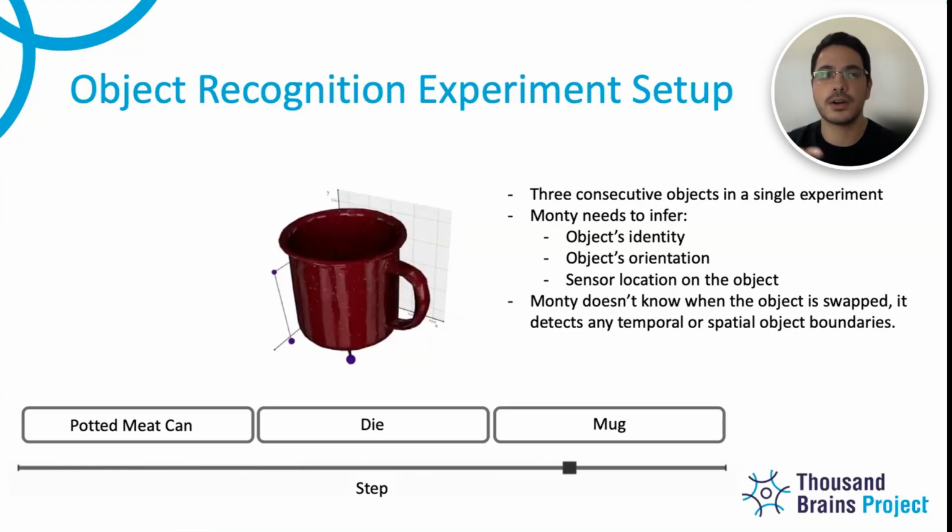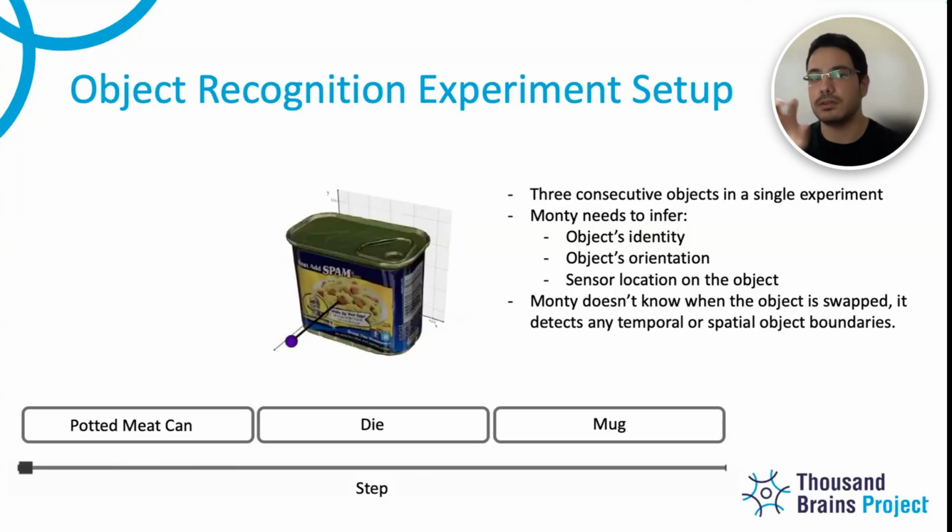If you're looking at a car and you're fixated on the car wheel, and then you go over to the car door, for example, and these are low-level objects, then you want to be able to figure out what the spatial boundaries are and how you detect when you moved from one object to another.